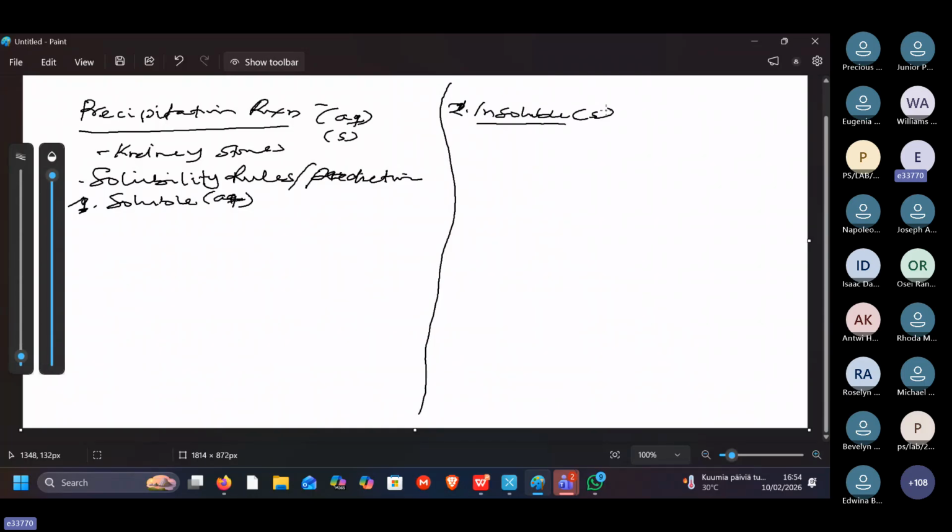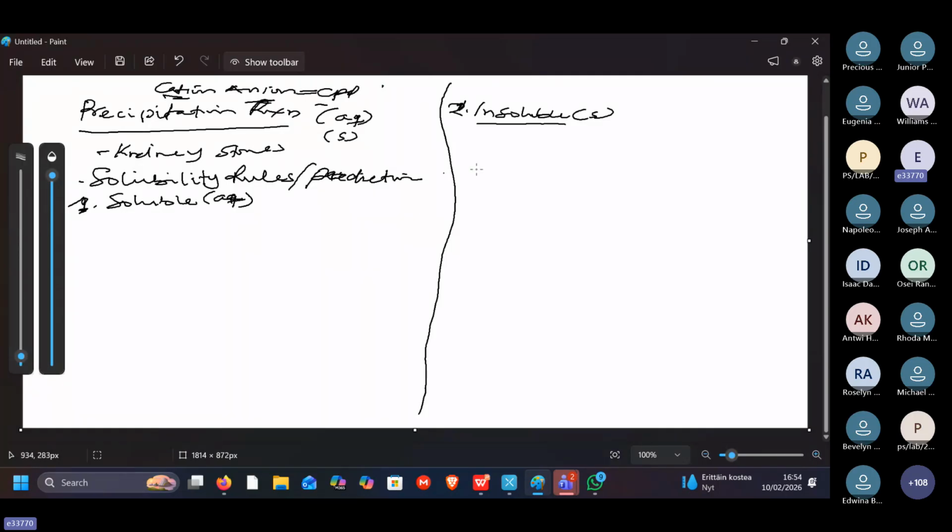We understand that ionic compounds are basically cations and anions put together to form a compound. So we should know the cation part and the anion part. When we put the 2 together, it's either still going to be in their ionic form, meaning the aqueous form, still in the solution form.